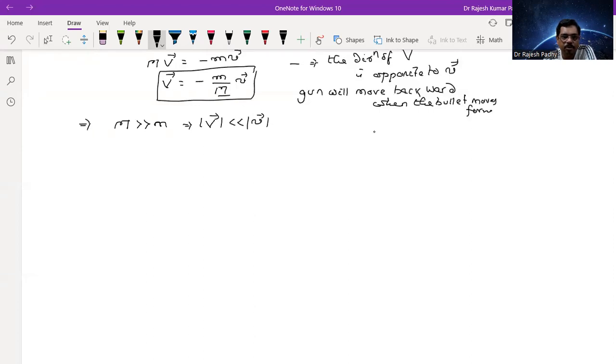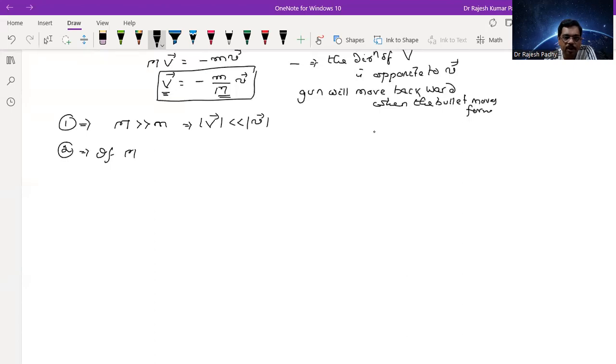As mass is in the denominator, hence recoil velocity of gun is very small as compared to the velocity of bullet. That is case 1.